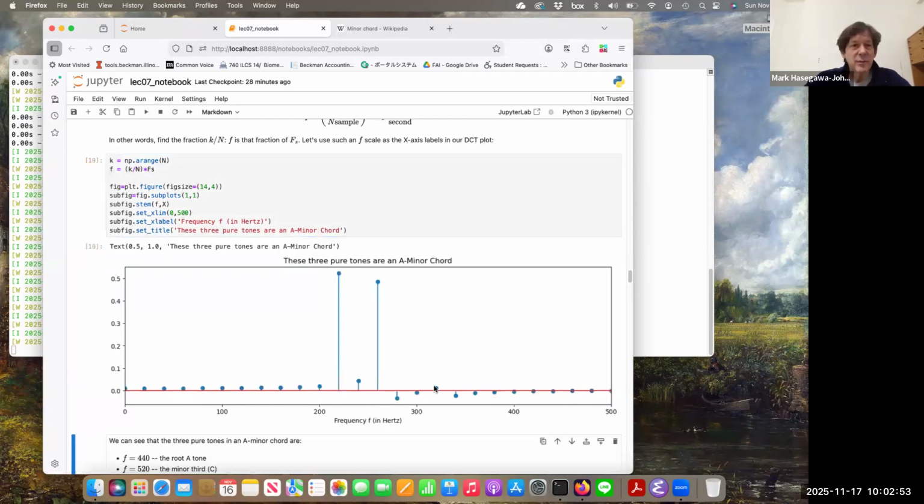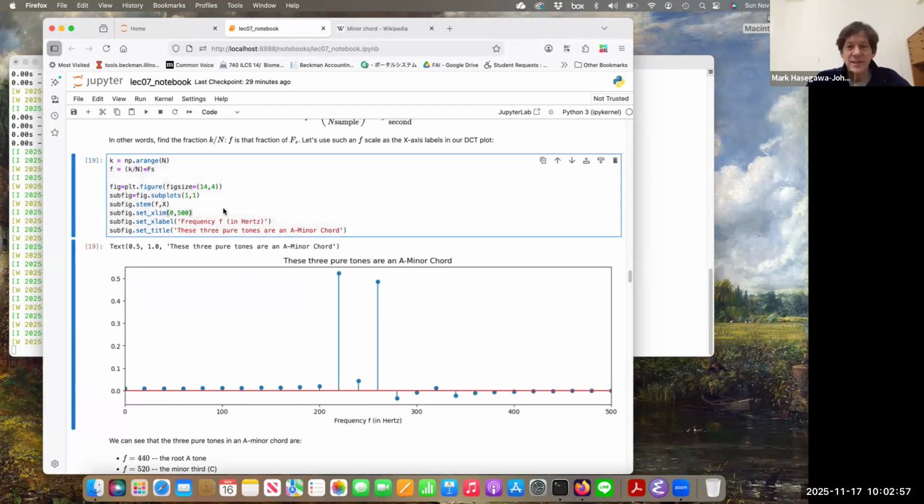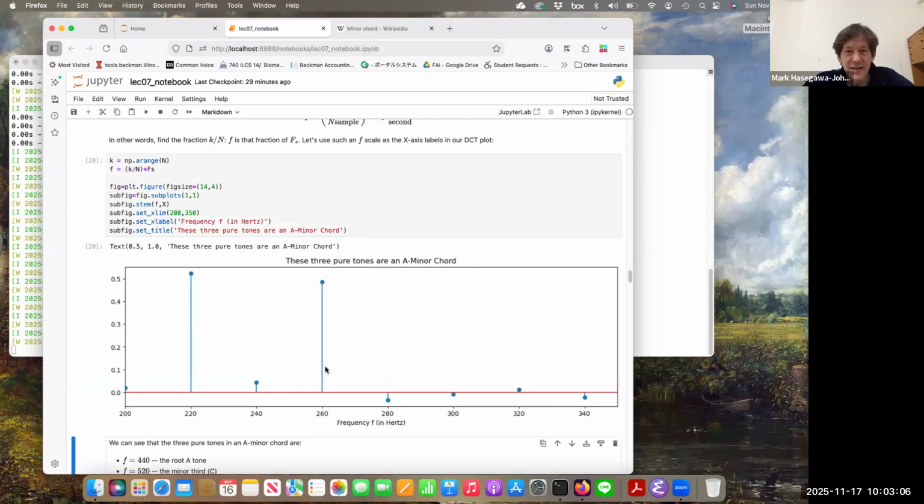Let's zoom in a little bit more closely and find out exactly what those frequencies are. Zooming in, we see that we have energy at 220 hertz exactly, at 260 hertz almost exactly, and at 320 hertz.